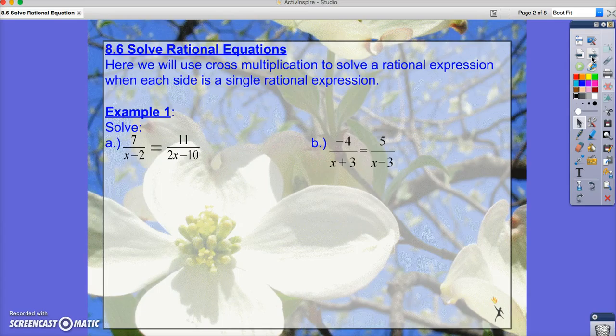So what that means here, if you take a look, we have one fraction equal to another fraction. What happens is I cross multiply.